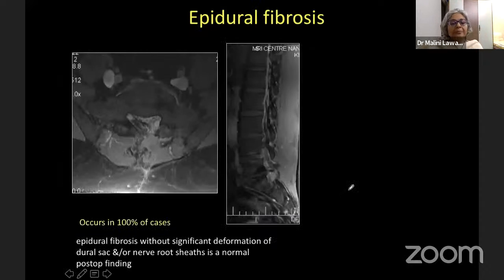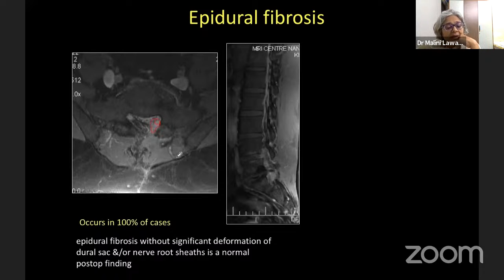Next, we are looking at epidural fibrosis. Now, epidural fibrosis will occur in almost all patients after surgery. But what we need to see is, is it significant? Is it causing any mass effect? Now, here, this is the nerve root, and adjoining it, all of this around it is epidural fibrosis.